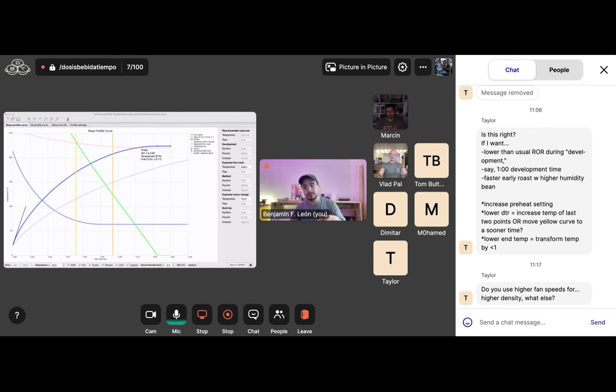However, hardness would be very related to moisture, because higher moisture coffee is less hard, it's softer. That would mean it would probably get to first crack sooner, because the pressure buildup would need to be lower before getting to first crack, and the pressure will be easier to release through a softer structure, right?